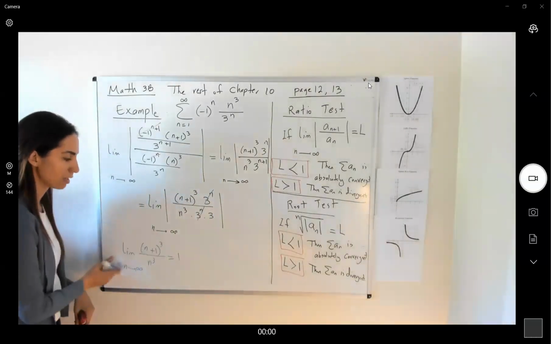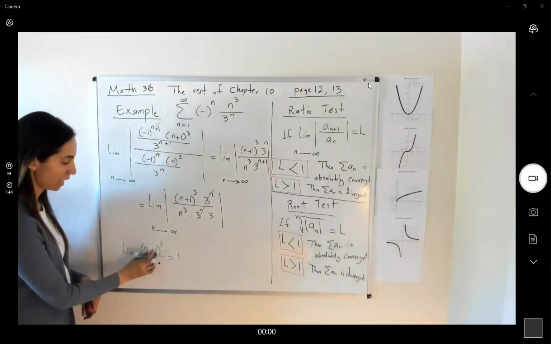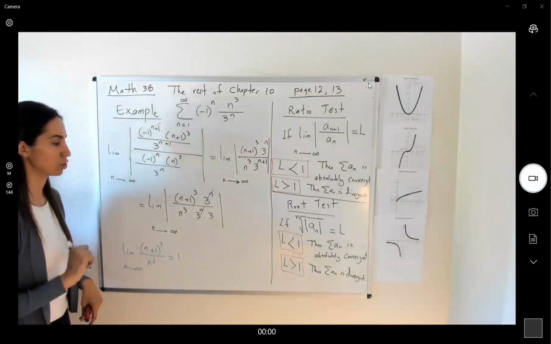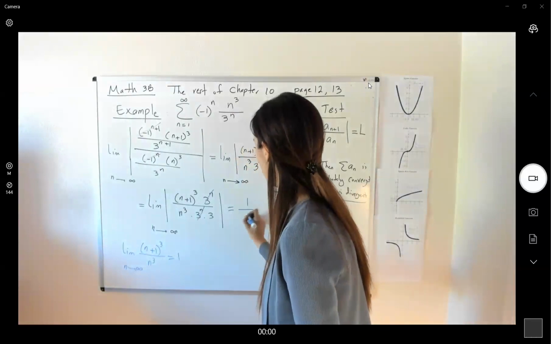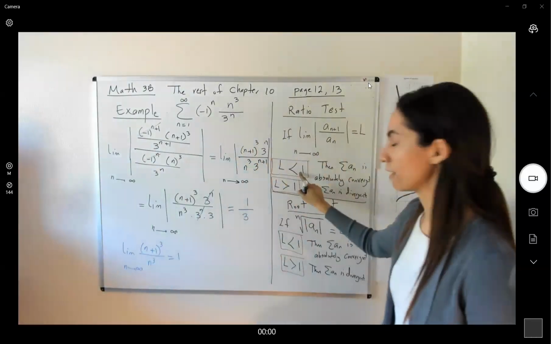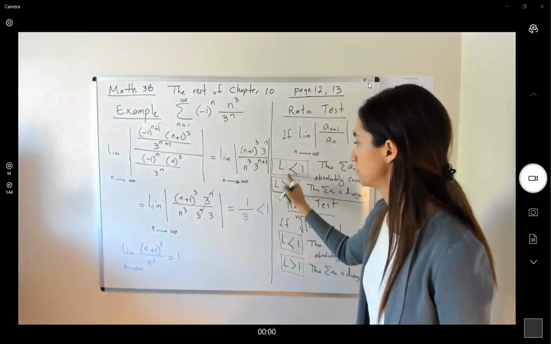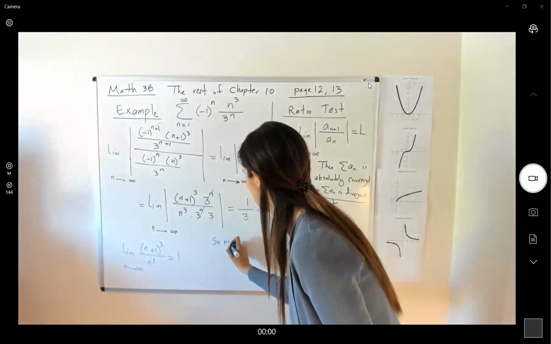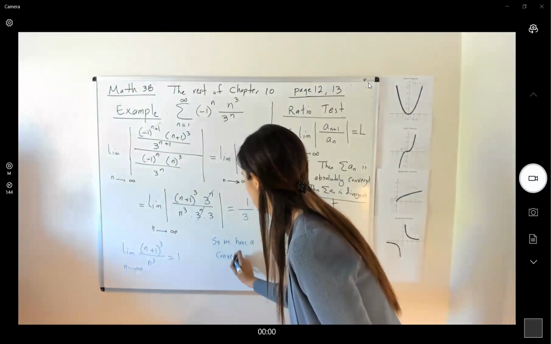The plus 1 is the lower term, so I can ignore it and get n cubed divided by n cubed, which is 1. So this is equal to 1 over 3, which is less than 1. So we have convergence.